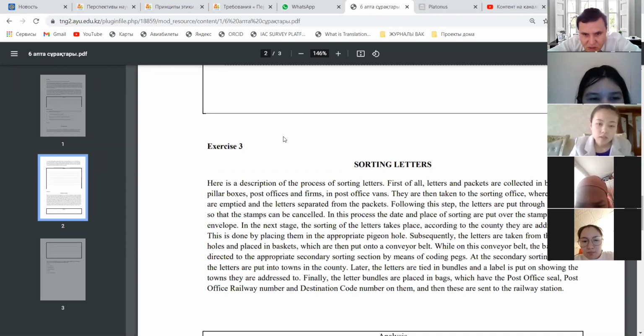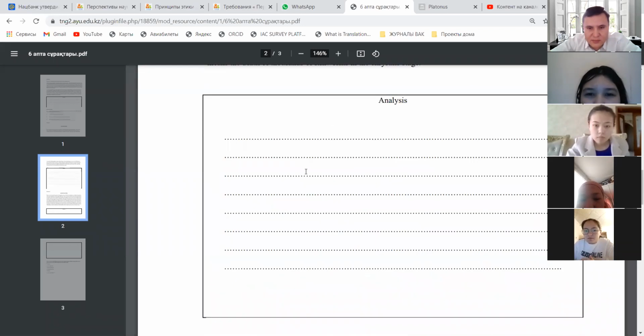In the next stage, later, finally, subsequently, while on this conveyor belt. Later, at the secondary sorting frames. Later, finally. That's all. And then.